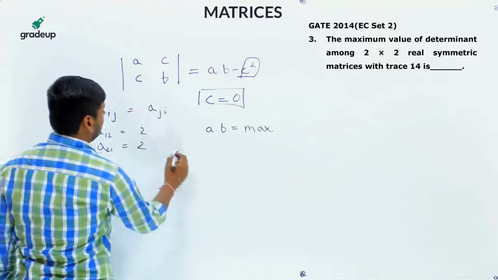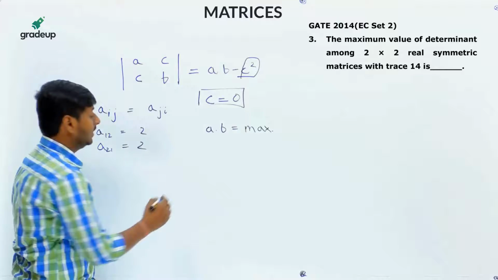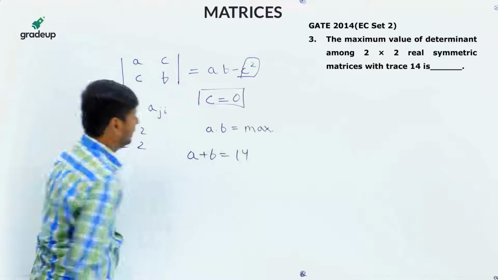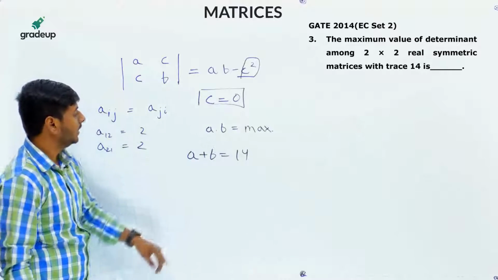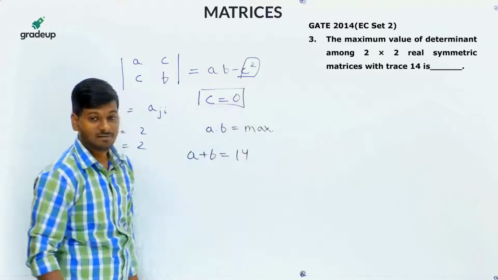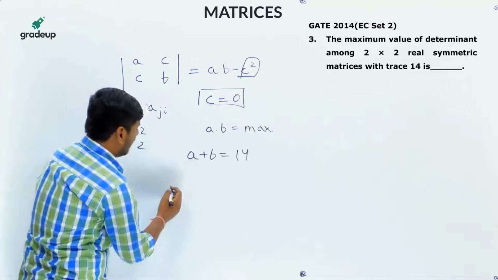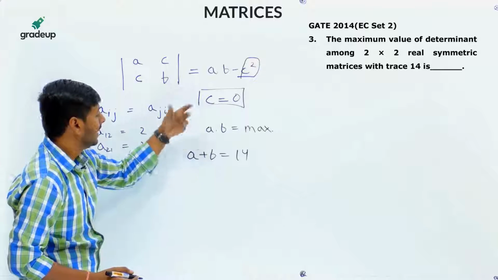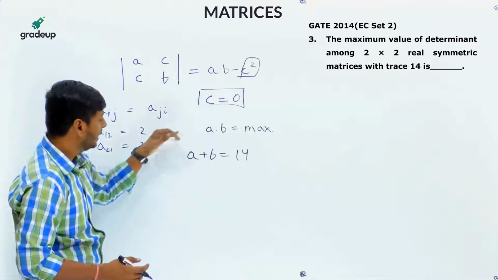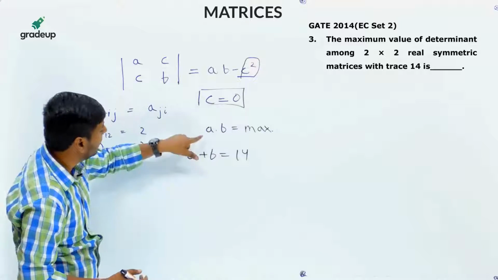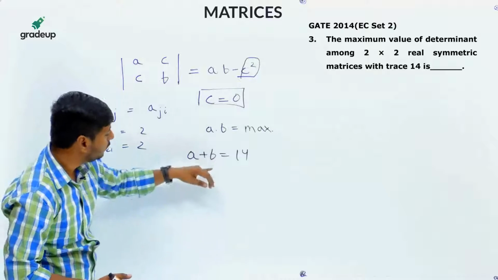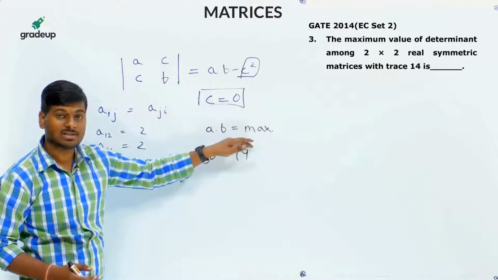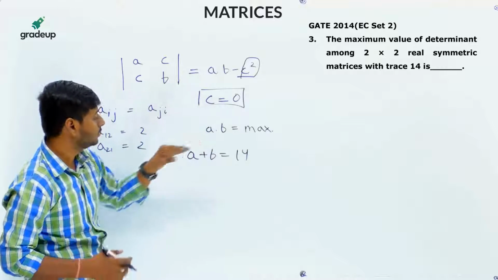But here it is given that the trace is 14. Trace is A plus B equals 14. If A plus B equals 14, then when is A into B maximum? We can find it with the help of calculus, or we directly know that A into B is maximum when A equals B, or I can prove that if A plus B equals 14, then A into B is maximum when A equals B equals 7.